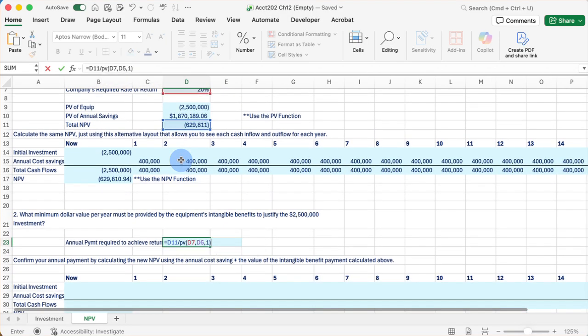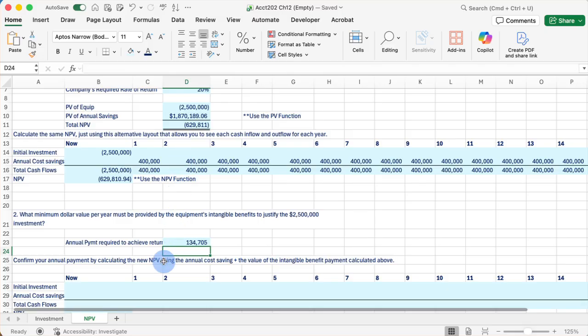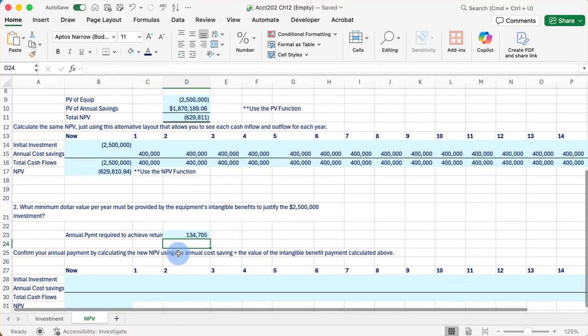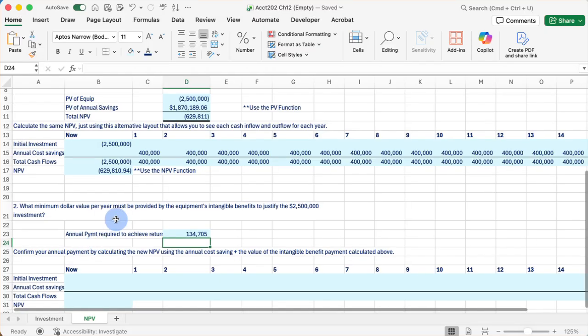So if we close parentheses, we get $134,705 per year.